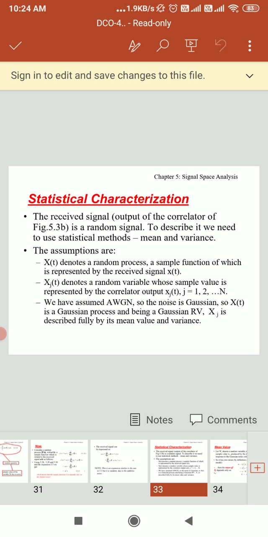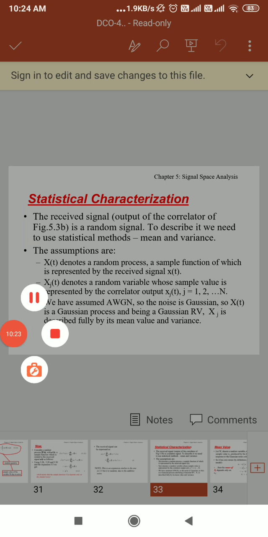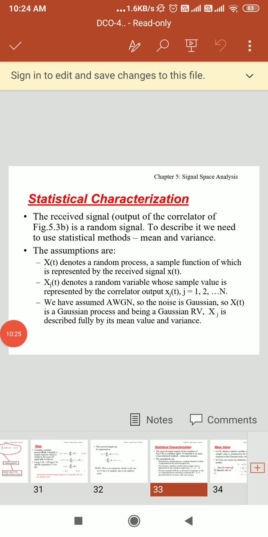And Xj of t will denote a random variable whose sample values we are taking by the correlator output xj of t, where j we are taking from 1 to n. You can take j, you can take i, no matter, but you are supposed to understand which we are taking as a random process and which as a random variable.